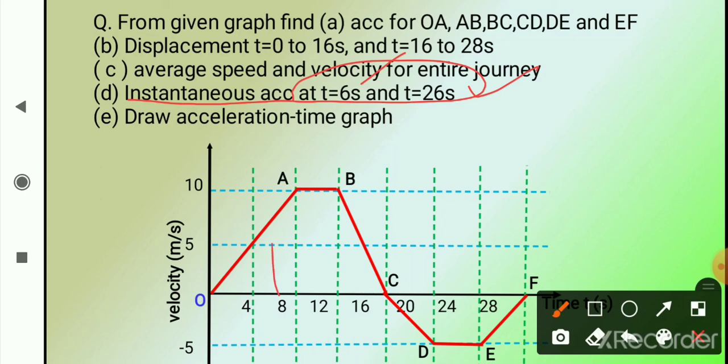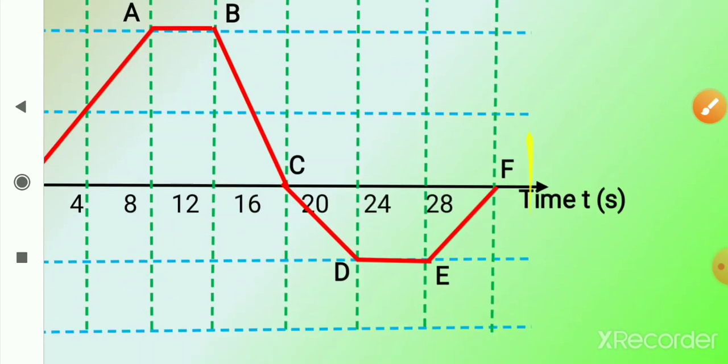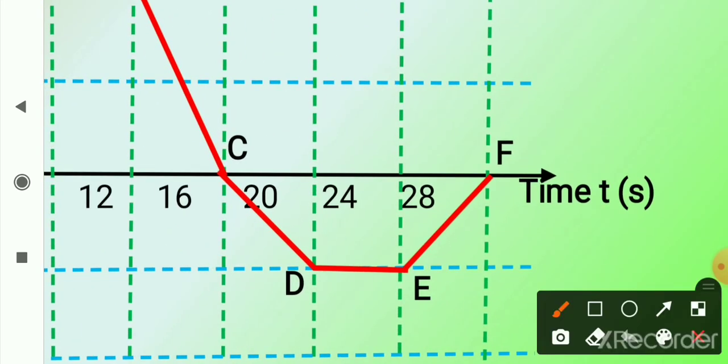Now just think, your t is equal to 6 second will come somewhere at this point, and this point is part of this uniform acceleration, so the acceleration of this part will be the same at t is equal to 6 second also, and acceleration for this part is 5/4 meter per second square you have calculated. Similarly, for t is equal to 26 second, see this is 28 second, this is 24 second.